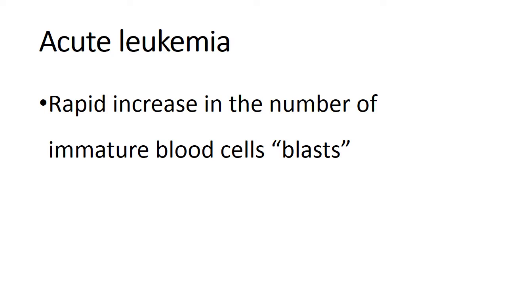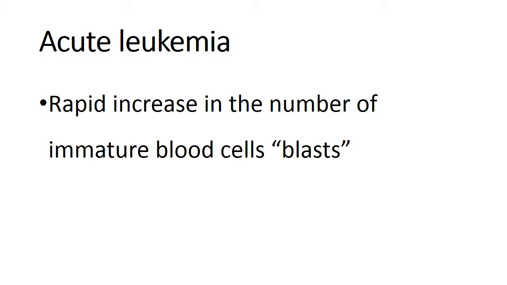By the definition or by the name, acute leukemia means rapid onset of increase of number of immature blood cells in the bone marrow, which may or may not infiltrate the peripheral blood. The infiltration of the bone marrow by immature blood cells and rapid increase of their number in the bone marrow will inhibit the normal hematopoiesis and replace the normal hematopoietic cells, resulting in peripheral blood cytopenia.